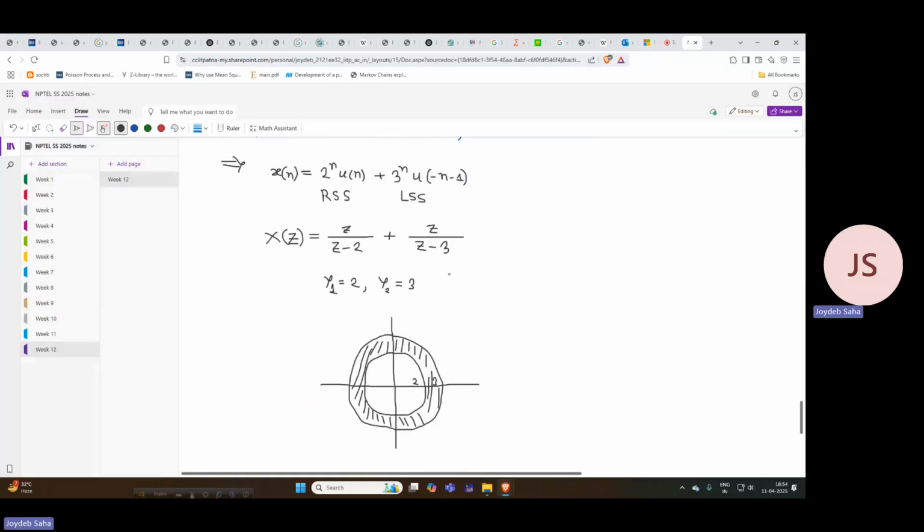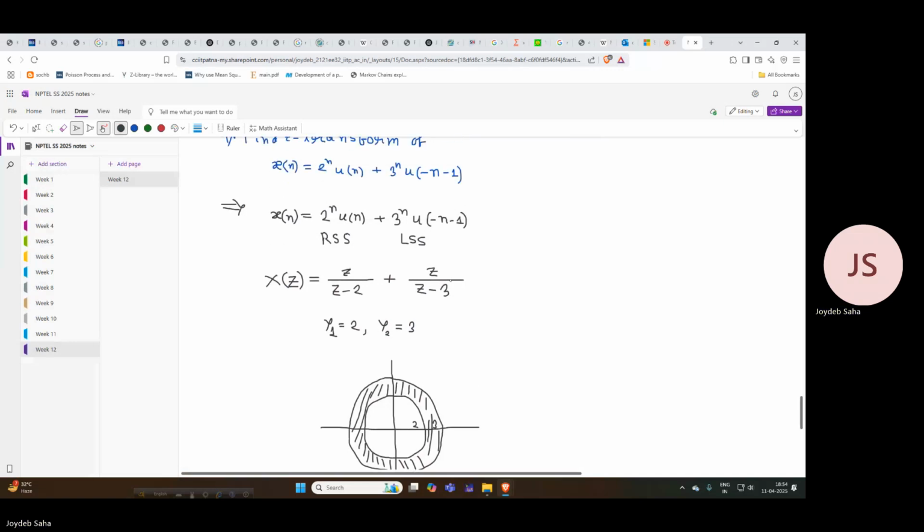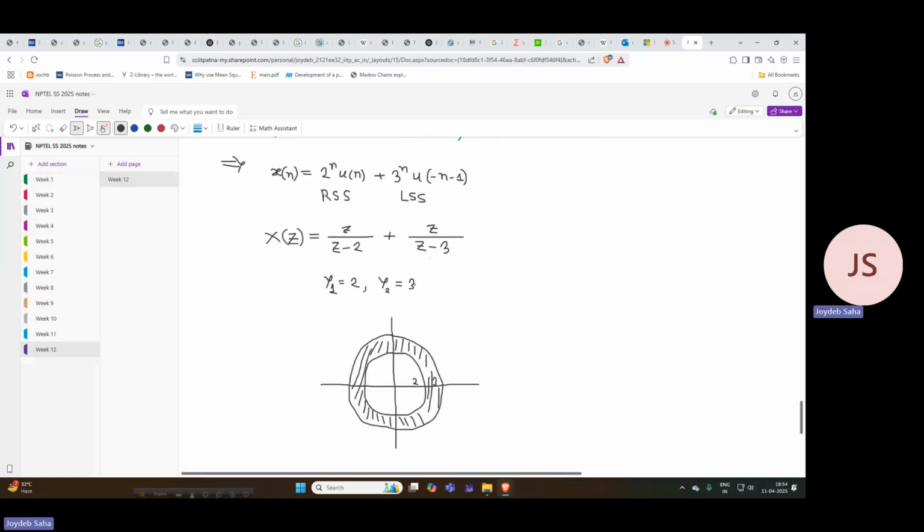If there is no query, we will proceed. Please have a look on this solution. Then we'll proceed for the next problem. Next problem is very interesting.